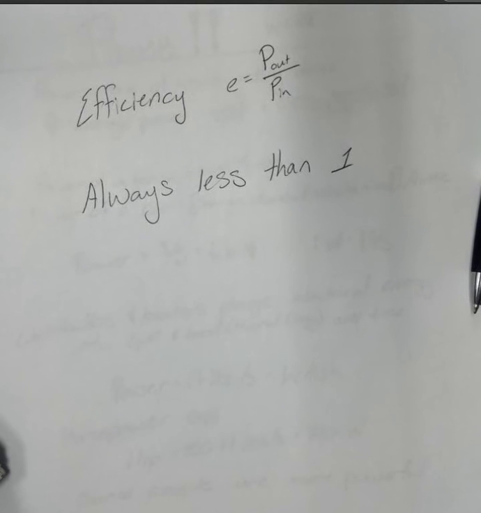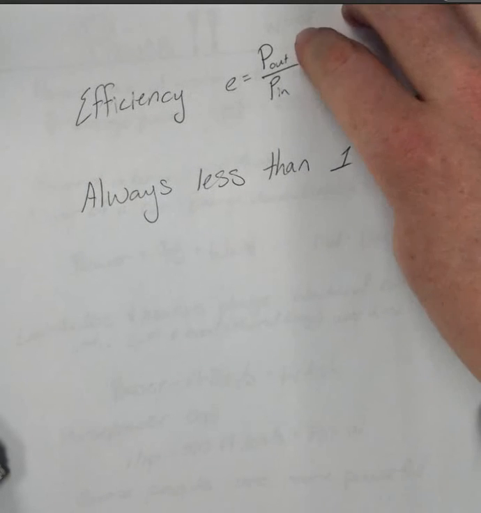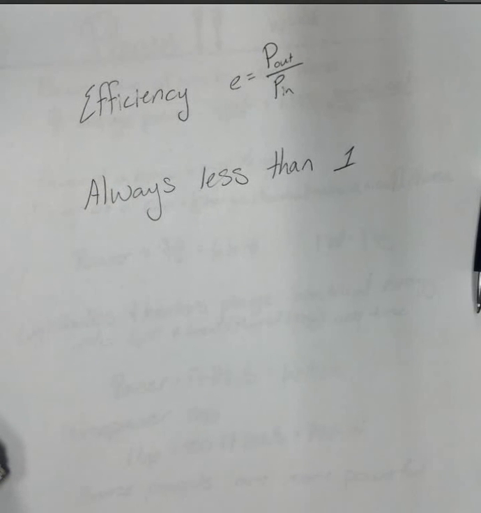And so there's a calculation that we can do called efficiency, and it's the ratio of the useful power output of the engine to the power input. The efficiency will always be less than 1 because no engine can create energy.